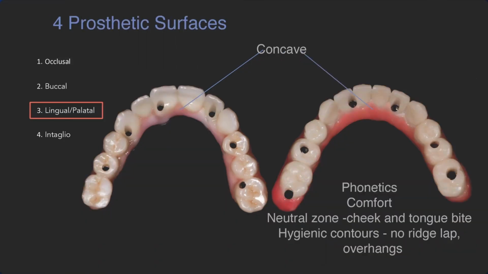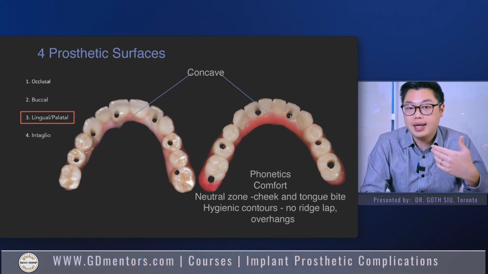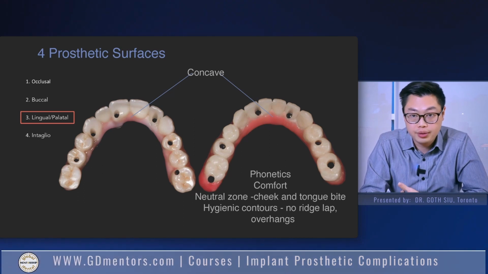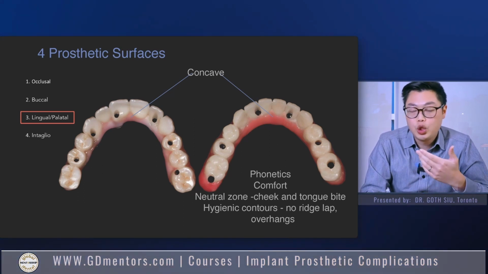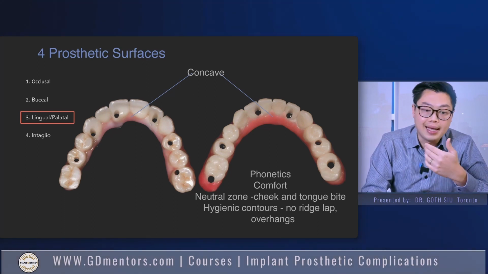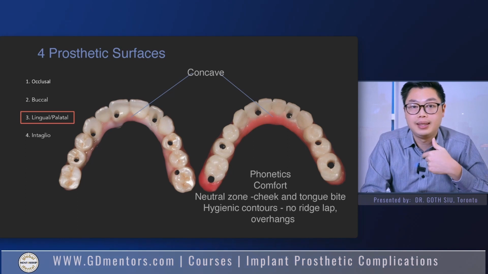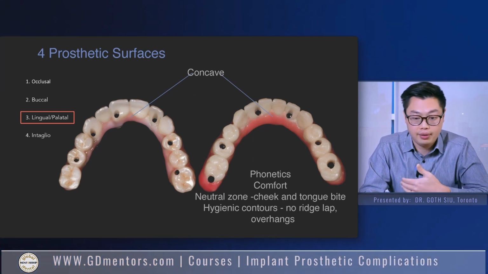So the next surface we're talking about of the prosthesis is the lingual or the palatal aspect. Most people don't care so much about this, but this actually is quite important in phonetics and comfort, okay, and a little bit hygiene. If the implants are placed too far lingual, right, and there's not enough bone reduction, sometimes these lingual aspects of these prostheses become very thick.